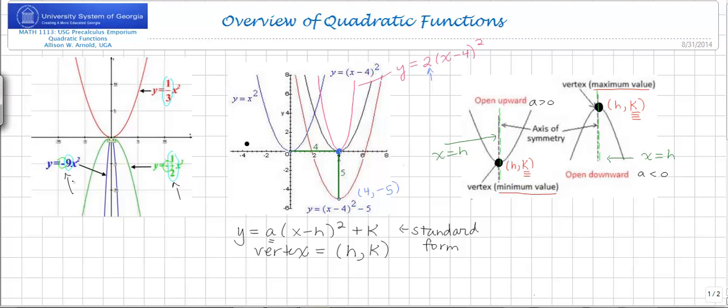Okay, and if you can find the vertex and you know which way your graph opens, then the range of the graph, if the parabola opens upward, is from the y-coordinate of the vertex to infinity, whereas if it opens downward, it's from minus infinity up to the y-coordinate of the vertex.